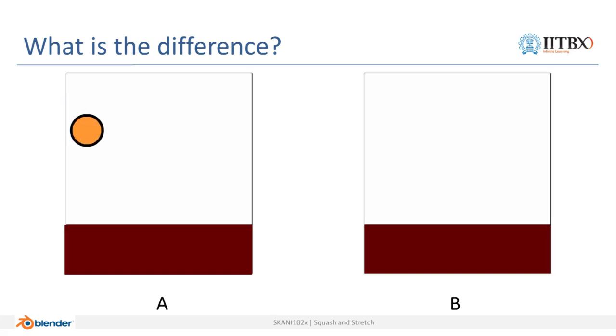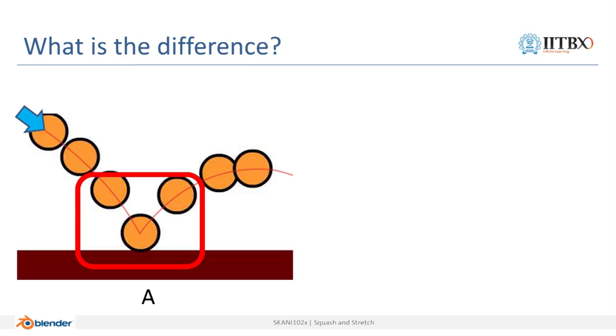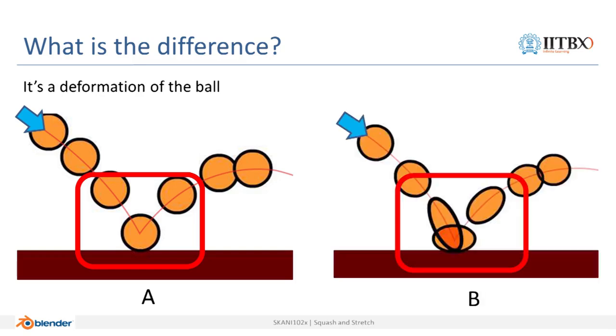Animation A in slow motion and animation B. Can you recognize? Okay, let us see. There is one frame having all the positions of the ball. So, you can see clearly what is exactly the difference.